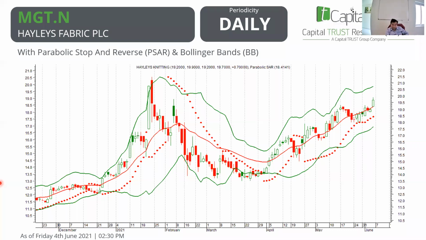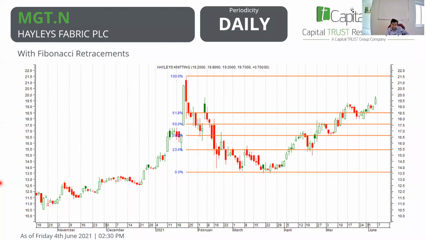Haley's fabric retracement is nearing the near-term high. It is way above the 61.8% Fibonacci.